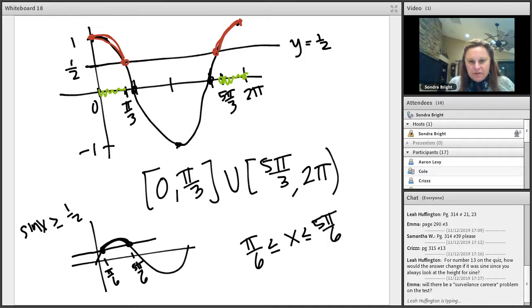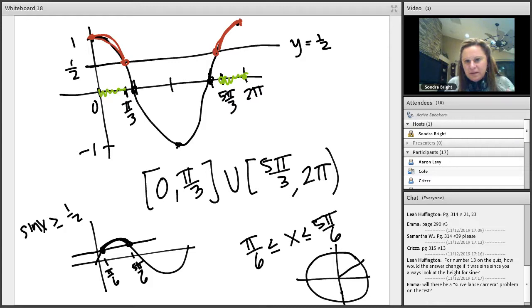And if you looked at it from looking at the unit circle, it's 1/2 here, and then again here. And it's all of these values that will have triangles with a height larger.